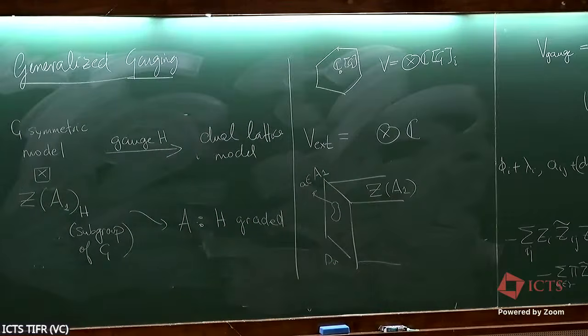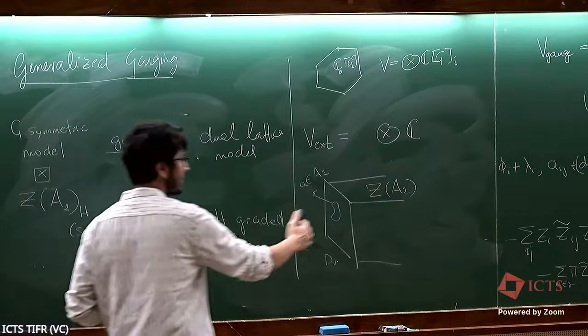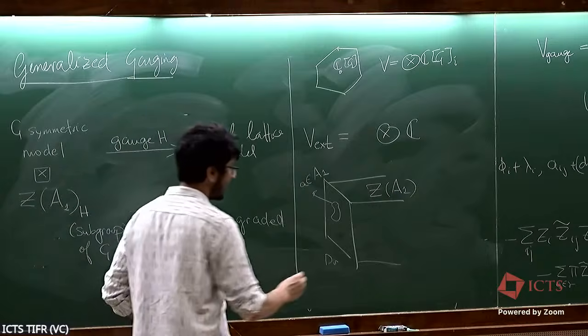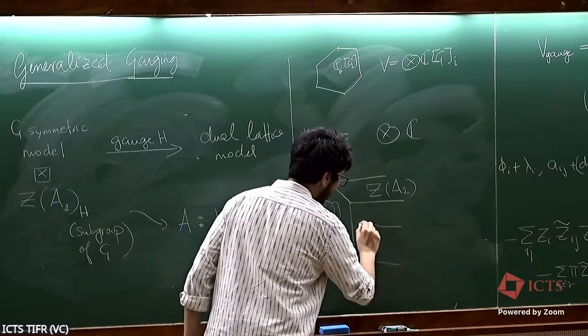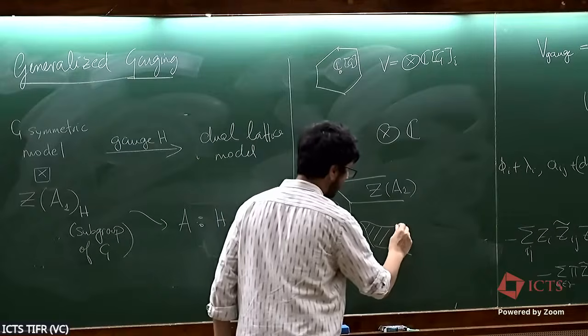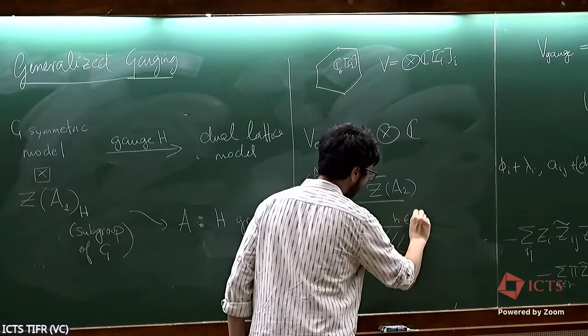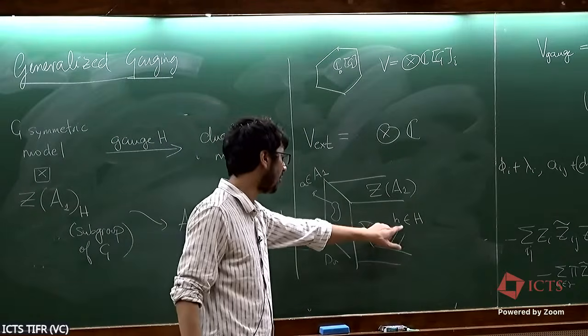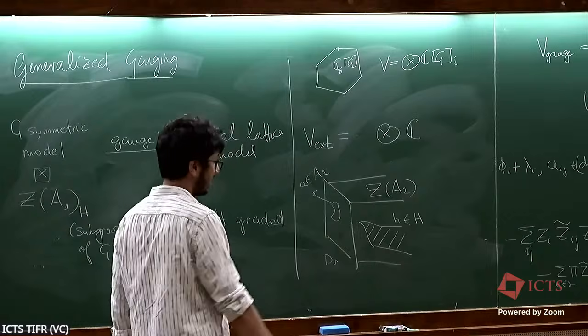This is just the canonical construction, so you can construct the Drinfeld center from A1, for instance. Furthermore, there are some defects here which implement this H symmetry. So for each group element H in capital H, there's a symmetry defect.